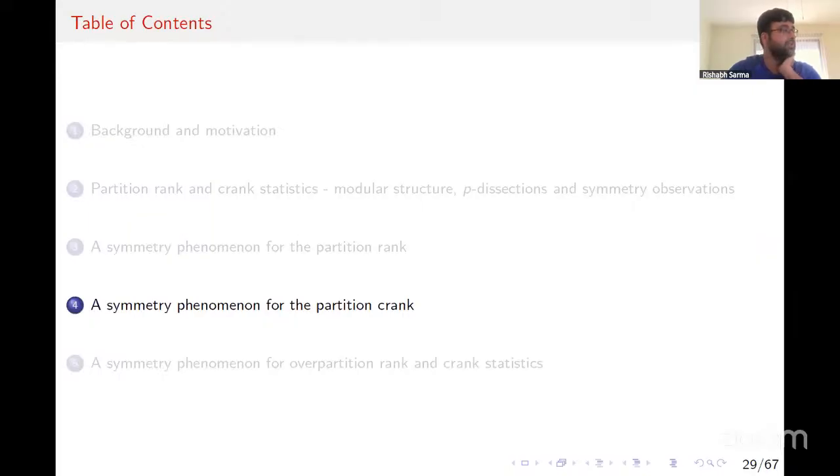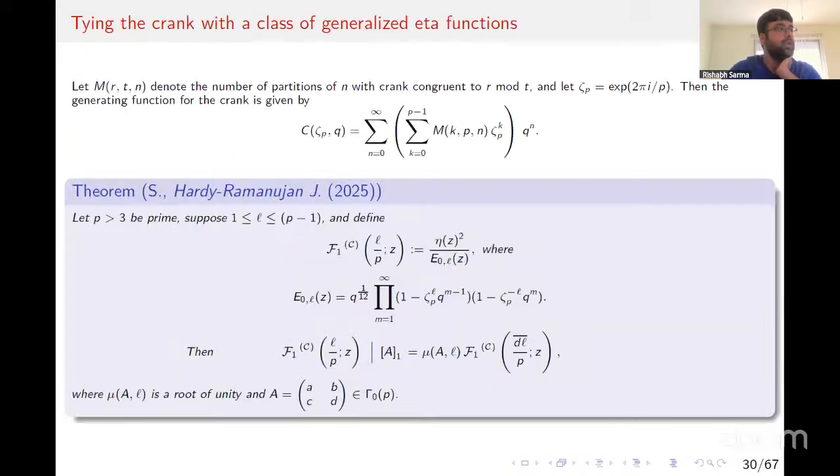And here is the symmetry phenomenon for the partition crank, which is the next project that I pursued. If M(r,t,n) denotes the number of partitions of n with crank congruent to r modulo t, once again, this is the partition crank discovered by Andrews and Garvan, where once again we are letting zeta_p be the primitive pth root of unity, and the generating function is given by C(zeta_p, q).